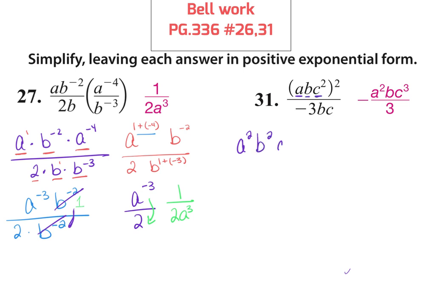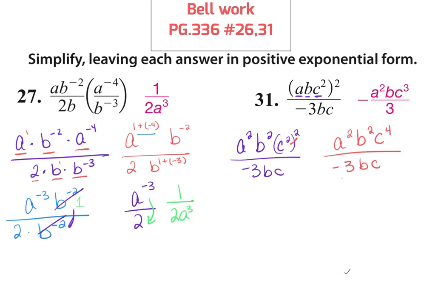And I'm going to say c squared to the second power. All right. And so this c squared to the second power, when I have a power to a power, what do I do with those? Yeah, I'm going to multiply. So I have a squared, b squared, c to the 4th over negative 3bc.